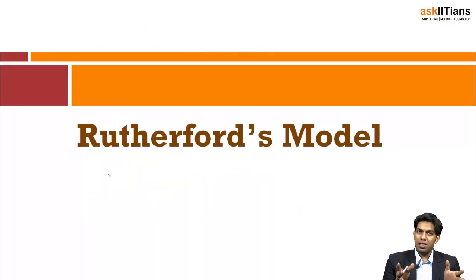Okay, now let's start off with Rutherford's model. Rutherford's idea of the atom was purely accidental in nature. He didn't have any intention whatsoever to come up with an atomic theory. J.J. Thomson came up with a theory, and his main intention was to disprove that guy, so he designed an experiment. He disproved J.J. Thomson, but while doing so he got a few observations, and the other observations clubbed with the original observation were so beautiful.